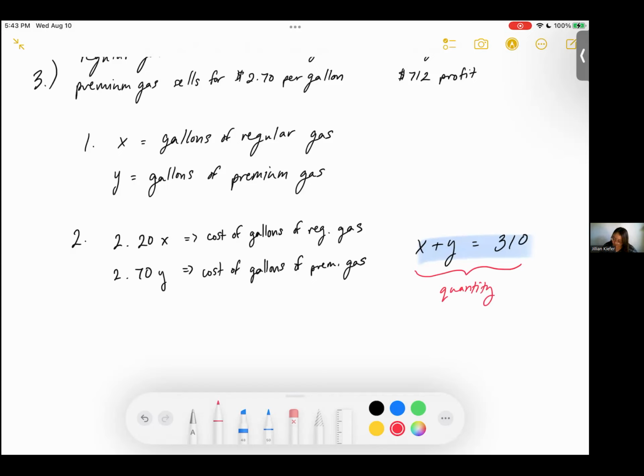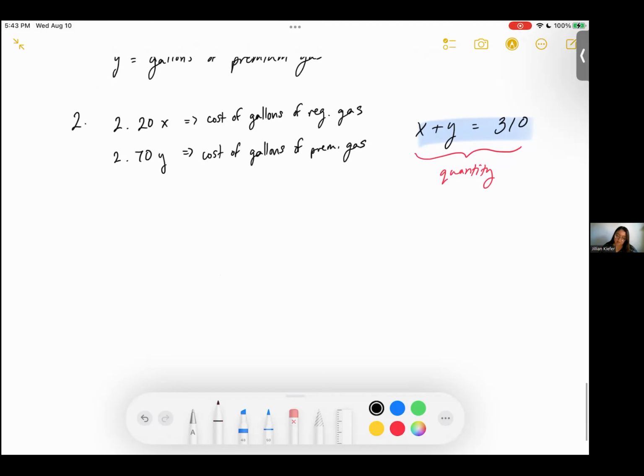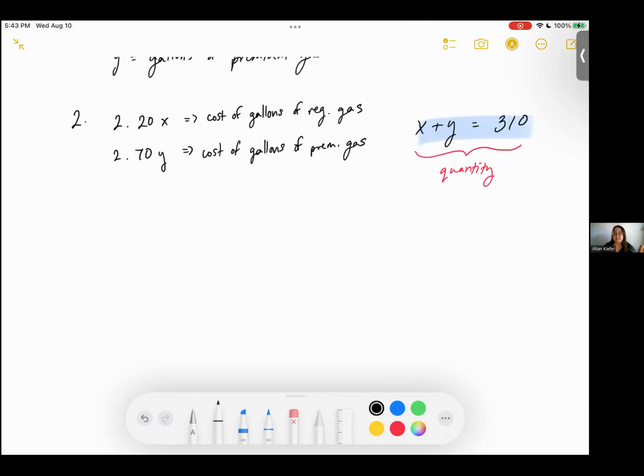The next equation that we're going to identify is the price. We said it was a total of $712, and the price of the gallons of regular gas plus the price of the gallons of premium gas, all of that is going to be equal to $712 because it's the price times the number of gallons for both types of gallons.